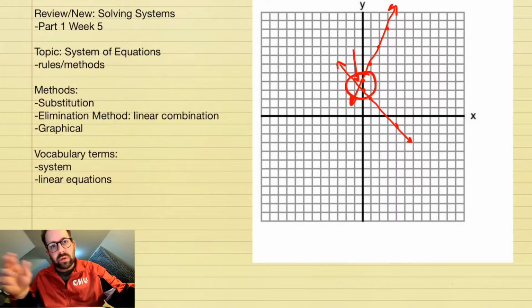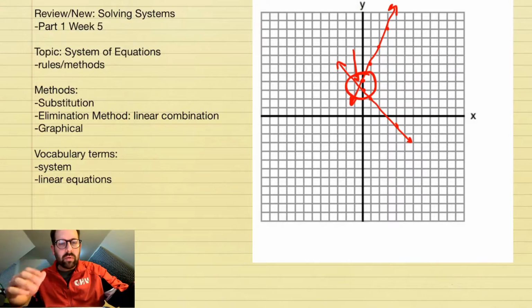You just plug numbers in and chug away on your calculator and see which one works. I'm going to show you two methods that I really want you to focus on: substitution and elimination method. Elimination method is also known as linear combination method if you're in an upper level math class. But it's a process of getting an exact answer every single time.